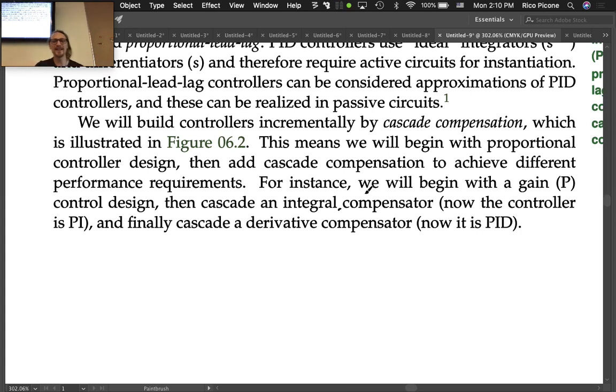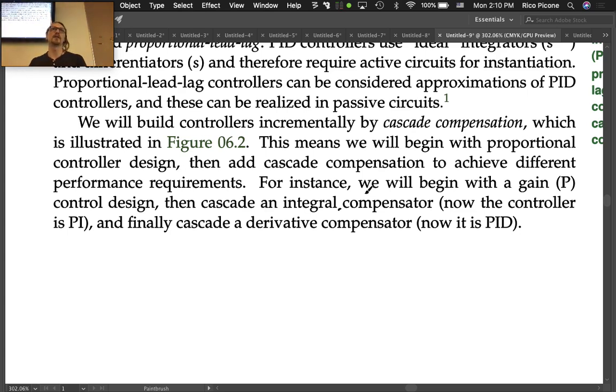Okay, so this means that we're going to do P control, and then say if we need it, integral compensation, and then if we need it, derivative compensation. Those compensators will allow us to do a couple things. The integral, as we'll see in a moment, will allow us to give ourselves a better steady state error situation, and the derivative will allow us to move that root locus around as we desire.